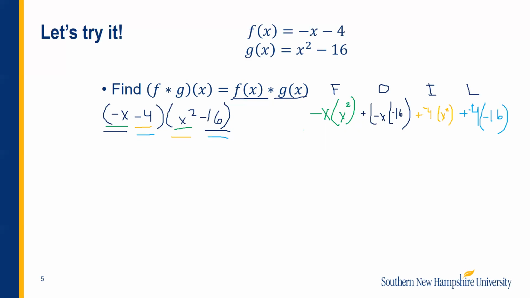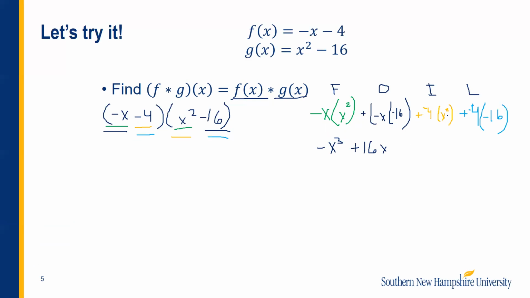All right, so now we get to solve for those. Negative x times x squared is negative x to the third. A negative x times negative 16 is plus 16x.